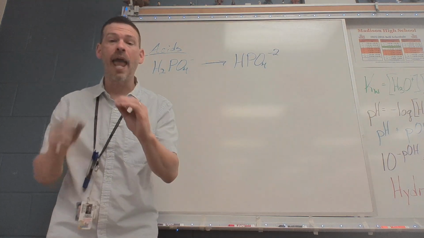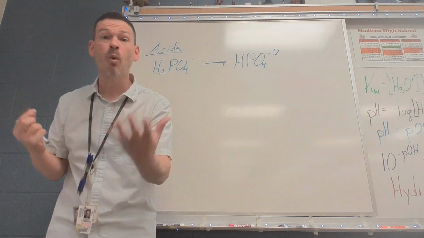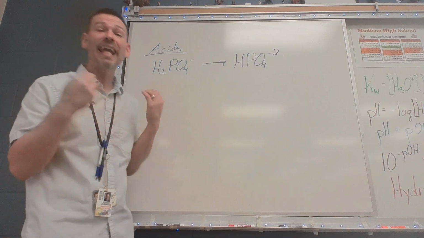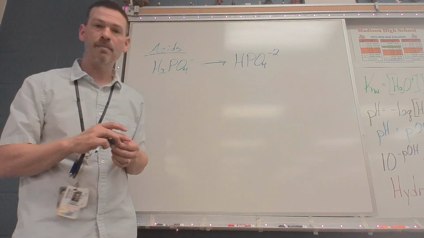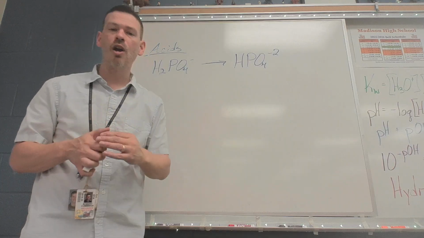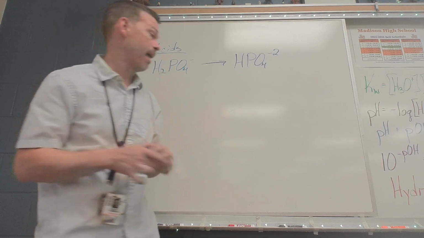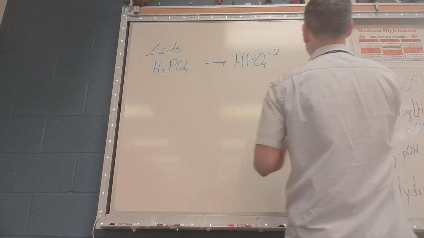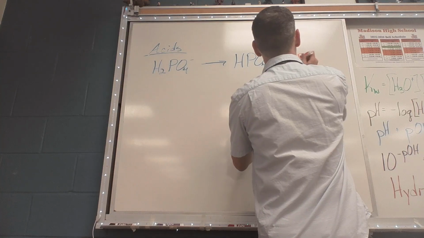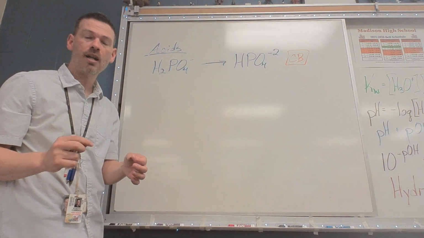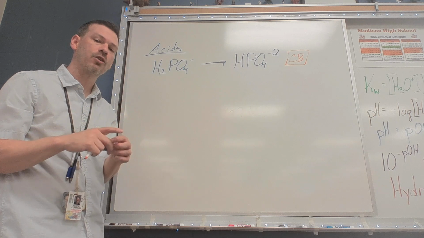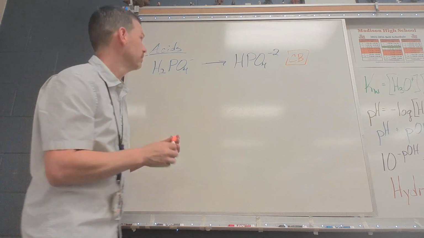Because it was negative and we removed a positive, which makes it more negative, right? We removed an H and we removed a plus. Therefore, the negative became negative 2. And in regard to the vocab, we would call this a conjugate base. Conjugate because we changed it. Base because it's automatically the other type of species.